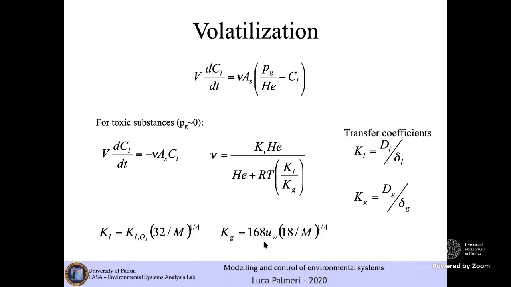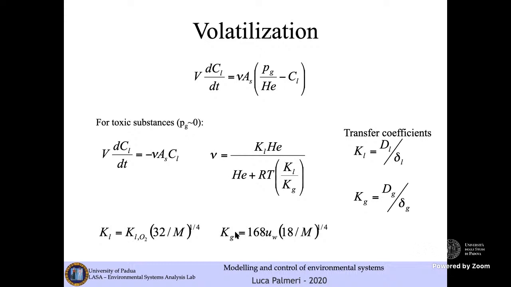For the gaseous phase as well, we have a kind of dependence on the mass of the substance that we are studying, but also in this case for the gaseous phase equilibrium, you have also to include a factor, for example, representing the effect of wind.